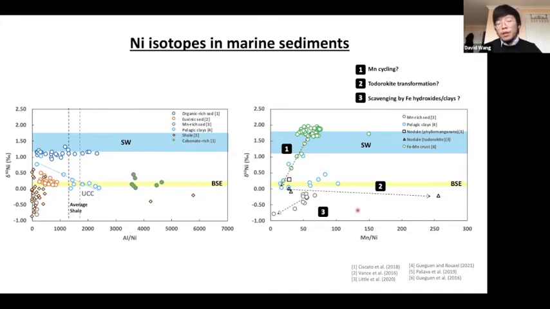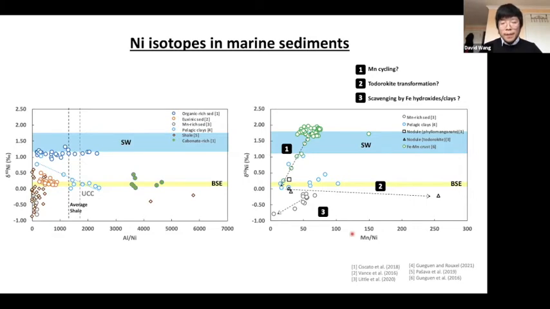And it's also the isotope fractionation during the mineral transformation from birnessite to todorokite, which might also cause isotope fractionation. And there's another isotope fractionation that might be caused by the scavenging onto iron oxyhydroxide or clays.